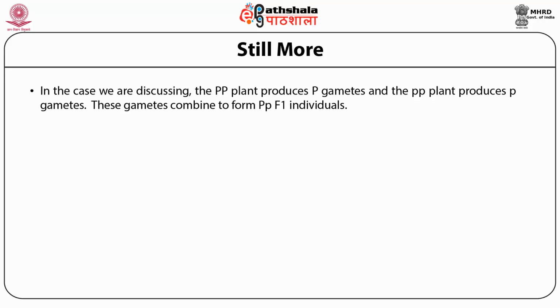These gametes combine to form capital P small p F1 individuals. Since capital P indicates purple, which is dominant to small p, which is white, the capital P small p plants are purple.